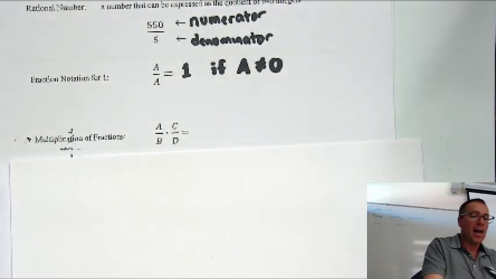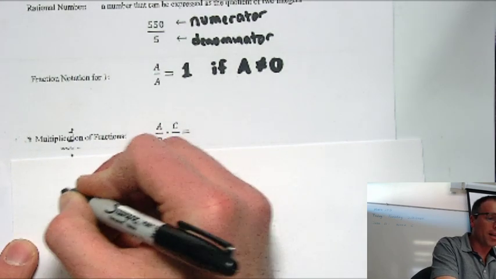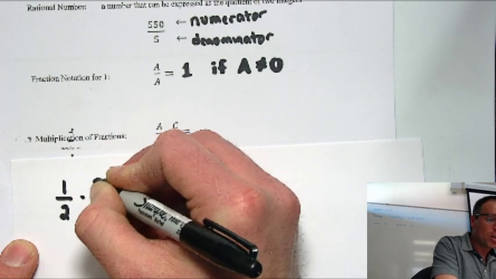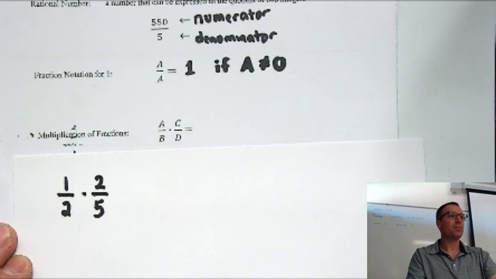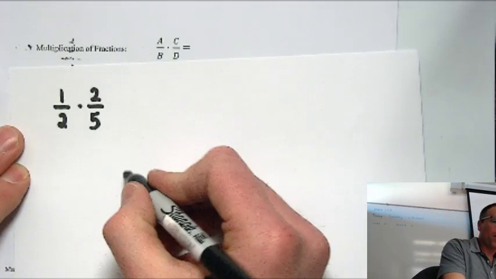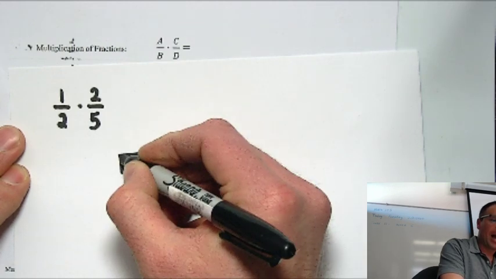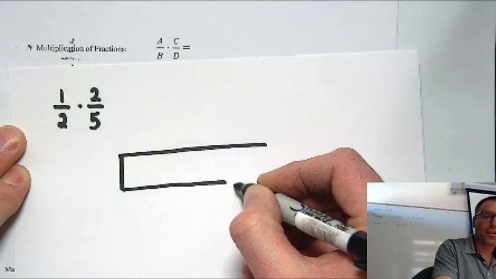Let's do 1/2 times 2/5. We've seen both of these fractions before. What I want to do is think about multiplication, and we're going to think about a Snickers bar.